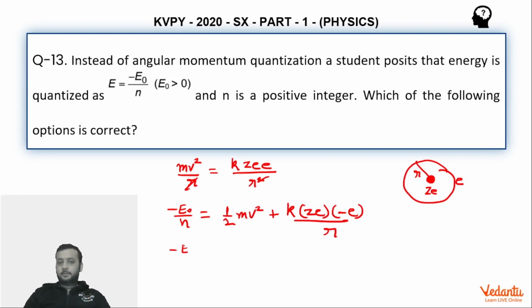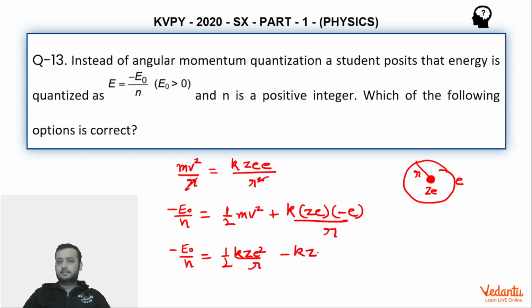Now from here we can put the value of mv square from above. So it becomes kZe square by r, and this is minus kZe square upon r.